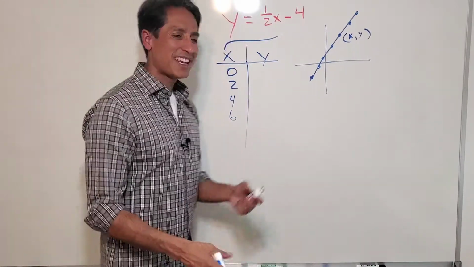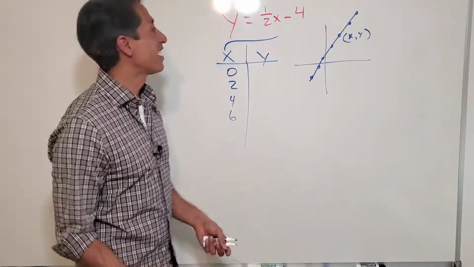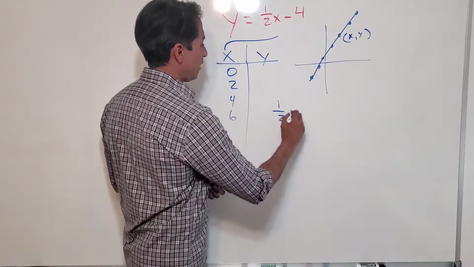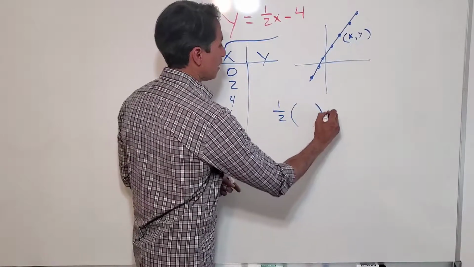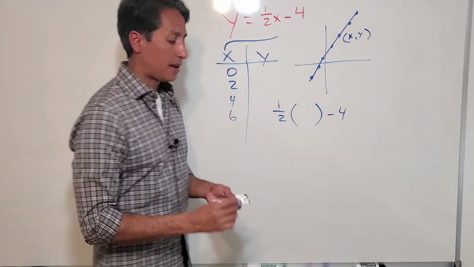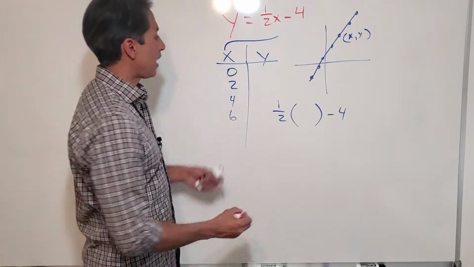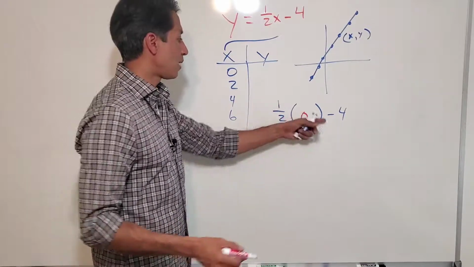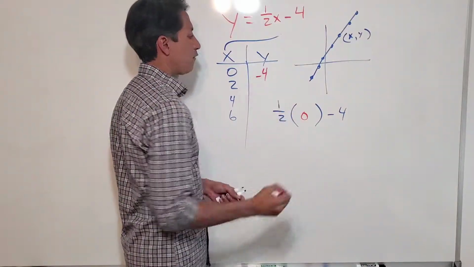So I'm going to kind of cheat a little bit, but that's okay. I have 1/2 times my number, and then I subtract 4 from it. My first value is 0. Anything times 0 is 0, so I end up with -4.